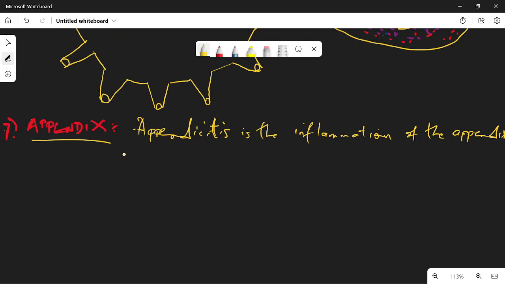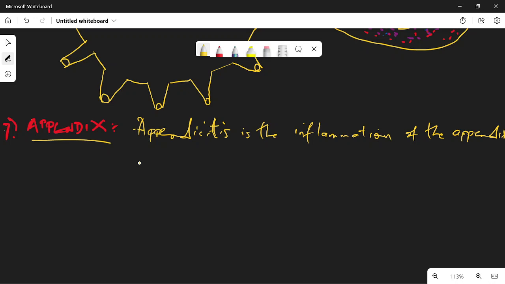When they are stored in the appendix for so long, it results in the condition called appendicitis. That is when you will have sharp pain in the lower abdomen.